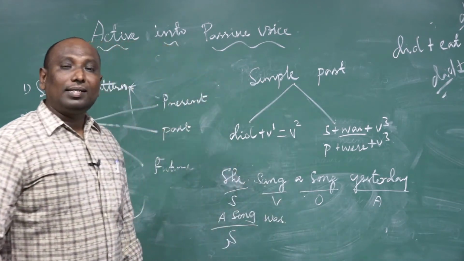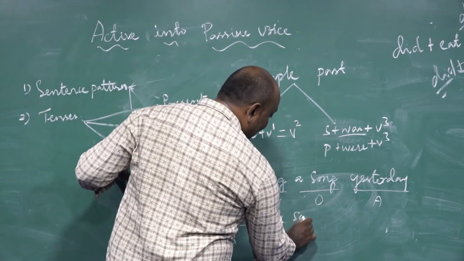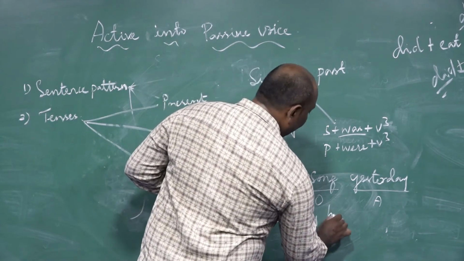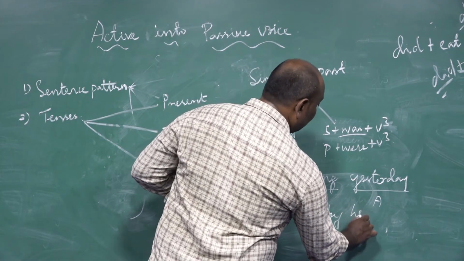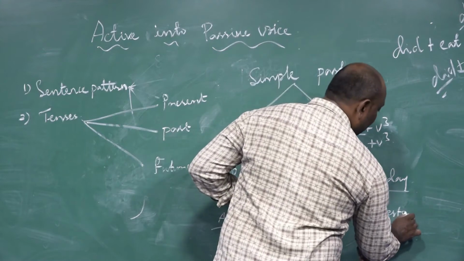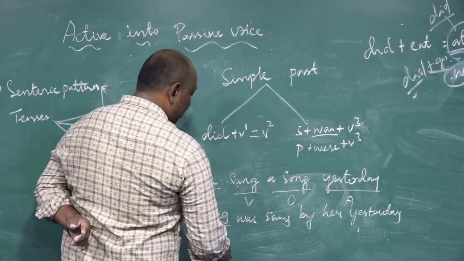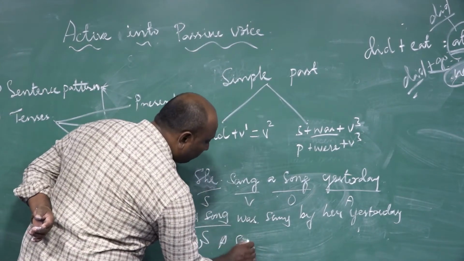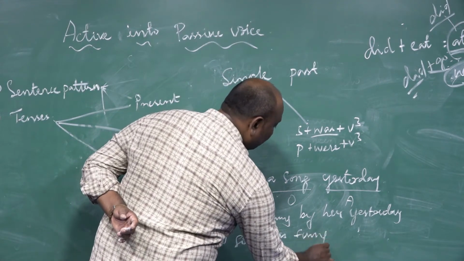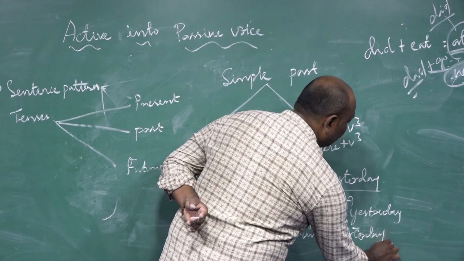What are the three forms for sang? Sing, sang, sung. So it has to be changed as sung. Okay, sung by her yesterday. You can write like this, or else you can write this way also: A song was sung yesterday by her.